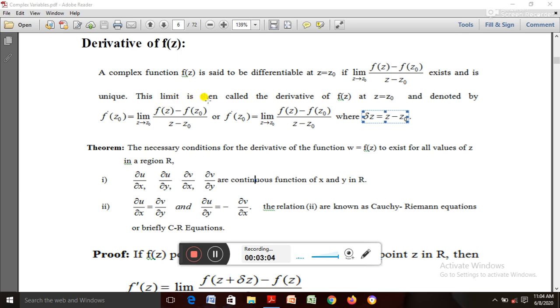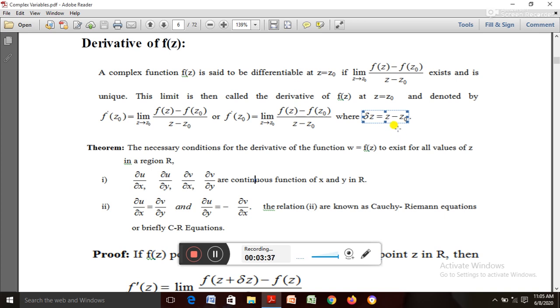This limit is then called the derivative of f of z at z is equal to z naught and is denoted by f dash of z naught, equal to the limit as z tends to z naught of f of z minus f of z naught divided by z minus z naught, where delta z is z minus z naught.